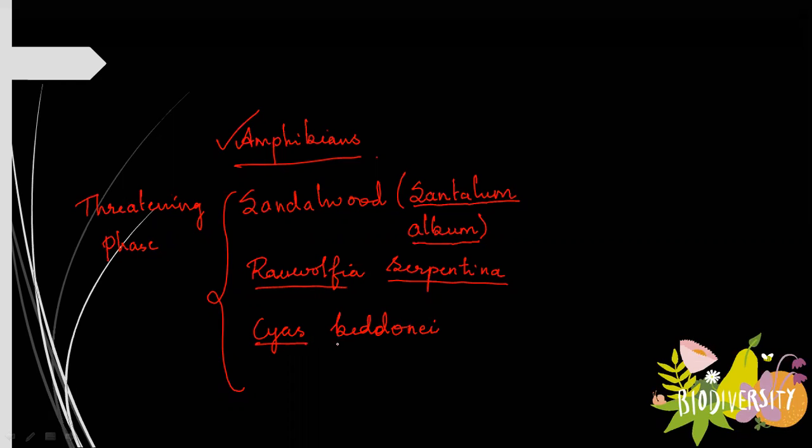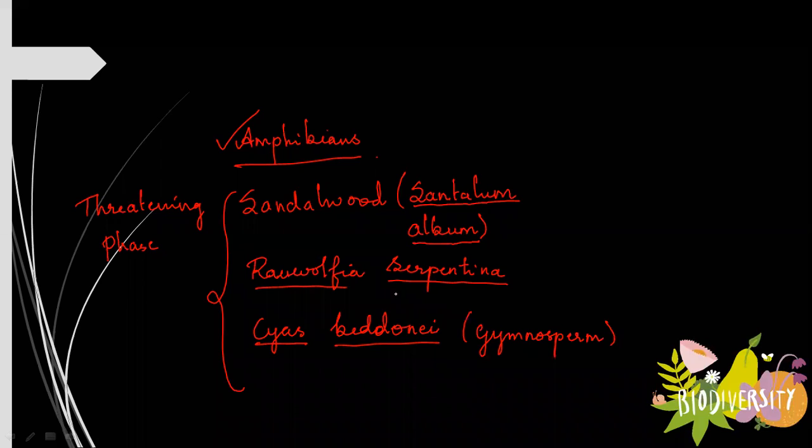Cycas beddomei is a gymnosperm and an endangered plant species of India. Indian snake root plant, Rauwolfia serpentina. Note it down, everyone. So these are the plant species in the threatening phase, the endangered plant species of India. They might go extinct any time.